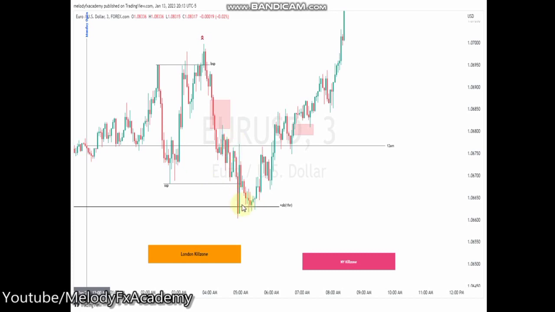So now price trades into that 1 hour OB, moves away, comes back, hit it right there. Moves away, comes back, but that is between our Q zone. So now coming into our Q zone, notice how price drops down, moves away, comes back, this low to this high.